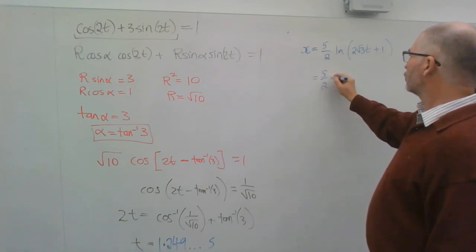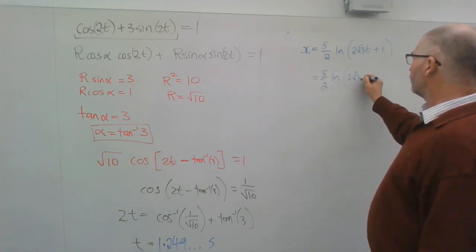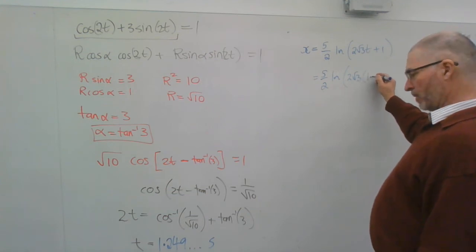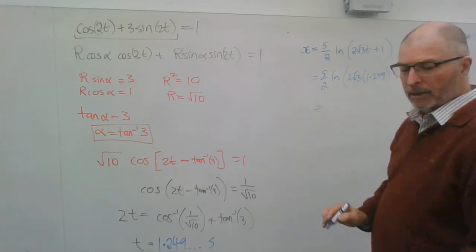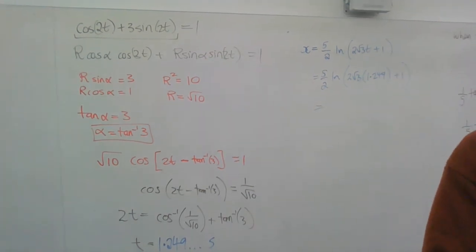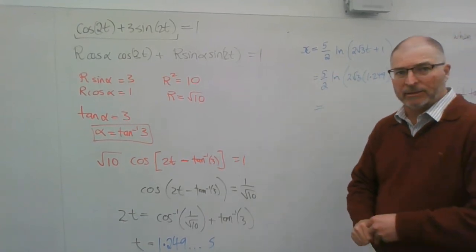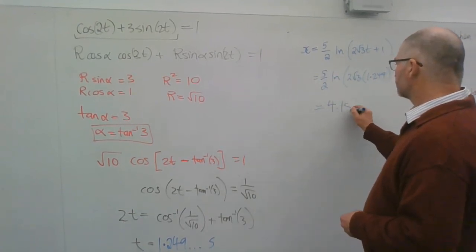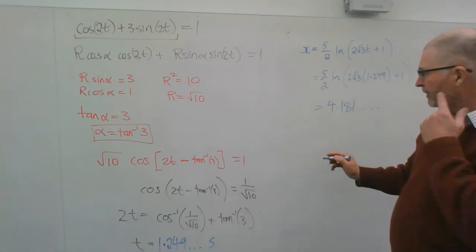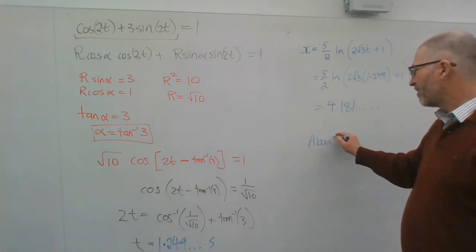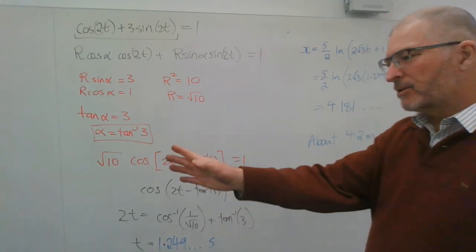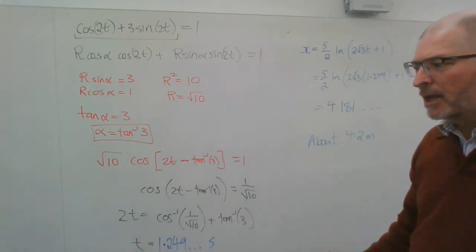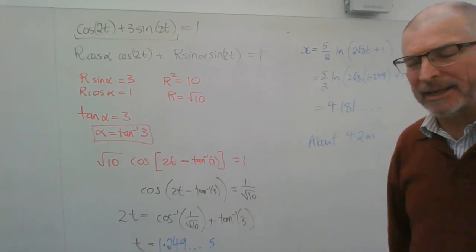So 5 on 2 natural log of 2 root 3 times 1.249 plus 1. I put that in the calculator and I get 4.181. So about 4.2 meters. So it goes across about 4.2 meters. It goes up about 2.9 meters.